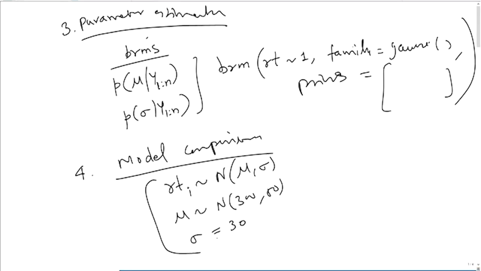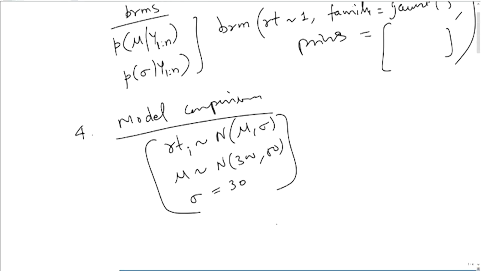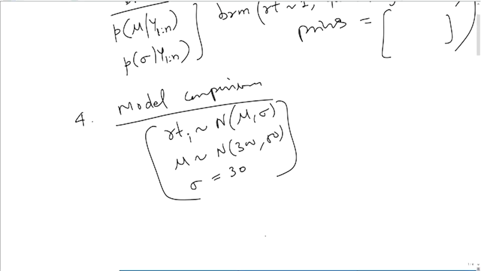So something like this. Now these two models are slightly different in terms of assumptions about sigma, right? You can have other kind of differences between models as well, right? Then you can do model comparison and quantify whether your model is better than this competing model or not. Okay, so let's say this is the competing model.